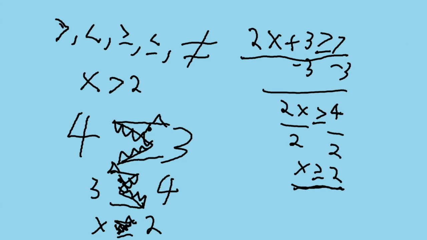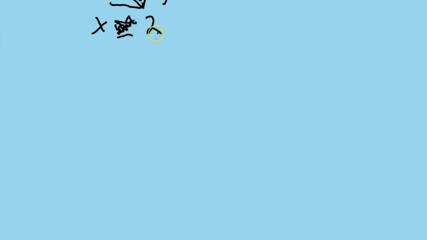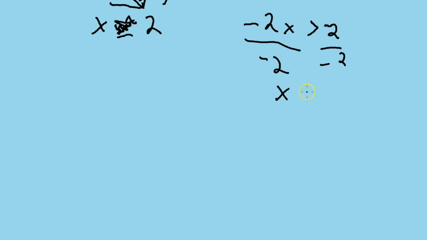Now, something that you guys have to be aware of is that when dividing or multiplying by a negative number in an inequality, you have to flip the sign. For example, in this equation, it wouldn't be x is greater than -1. It'd be x is less than -1. Let's do this again. -1/2 x is greater than 2.